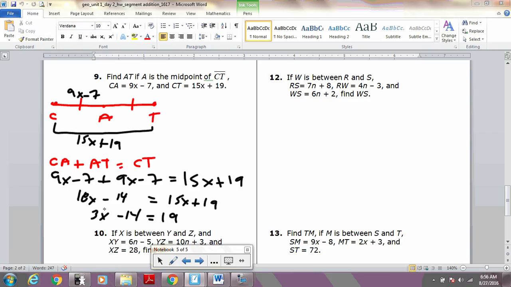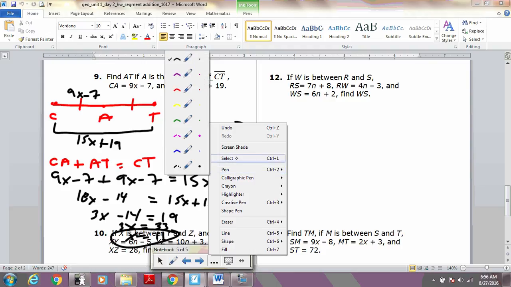Add 14 to each side of the equation would give you 3x is equal to 33. Divide both sides by 3 would give you x is equal to 11. Woo, much better x. We don't like those fractions, right?